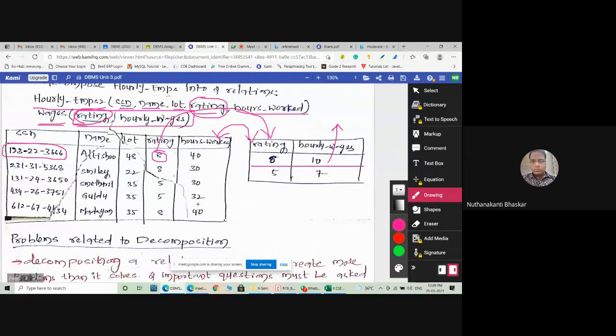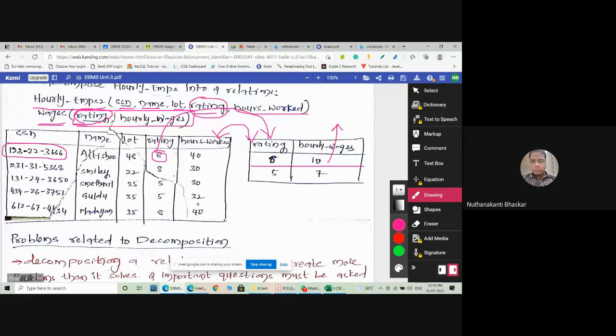We just have to reduce the redundancy. Don't think we are going to remove 100% of the redundancy in the data tables. It is not possible. Only if we find the functional dependency in the table, based on it we decompose and reduce the redundancy of the database. Are you clear? Without functional dependency, we cannot decompose.